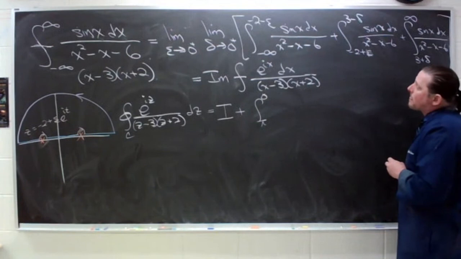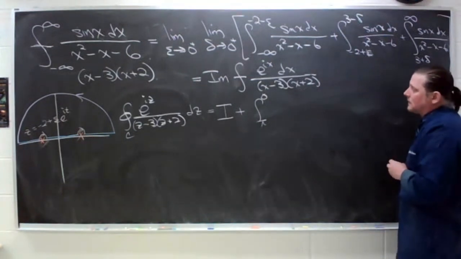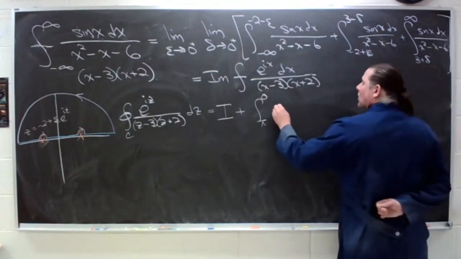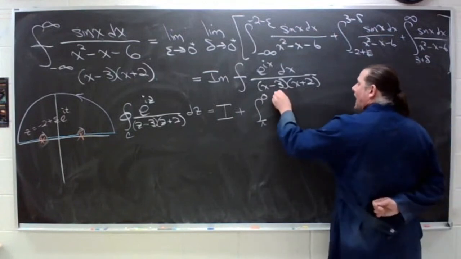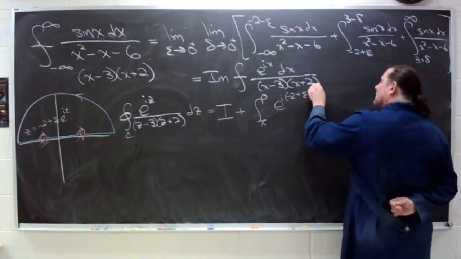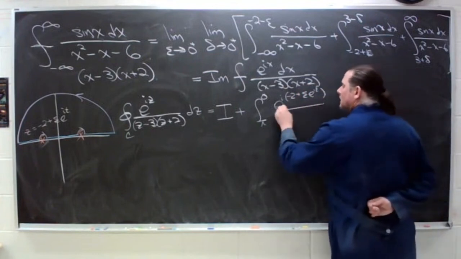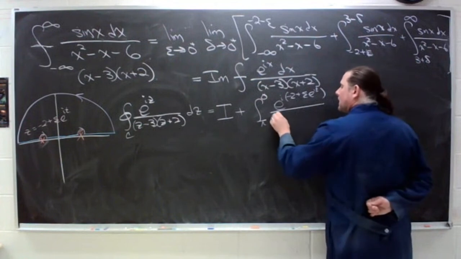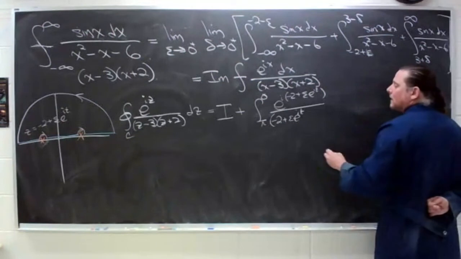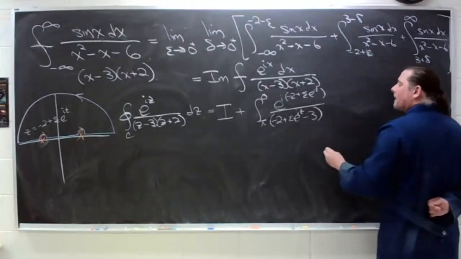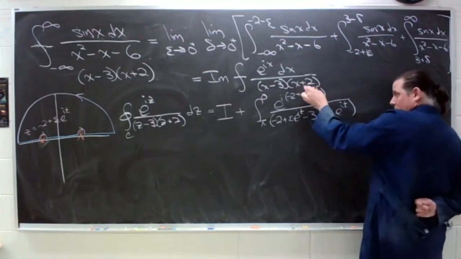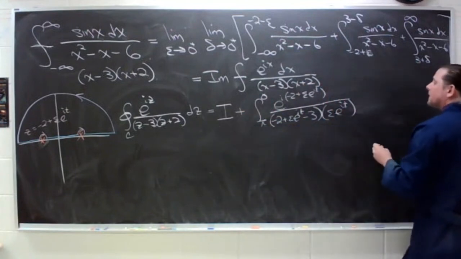So I'll have e to the i times (negative 2 plus epsilon e to the it), divided by (negative 2 plus epsilon e to the it minus 3), times epsilon e to the it, because it was z plus 2.